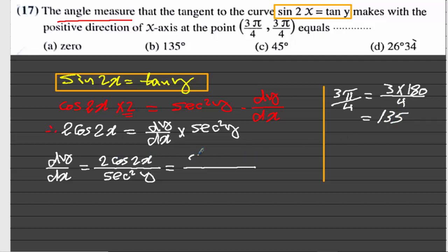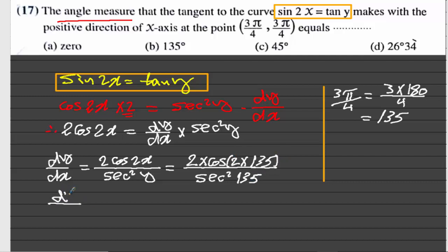So we write 2 multiply cosine of 2 multiply 135 over sec square y, and y here equals 135 degrees.